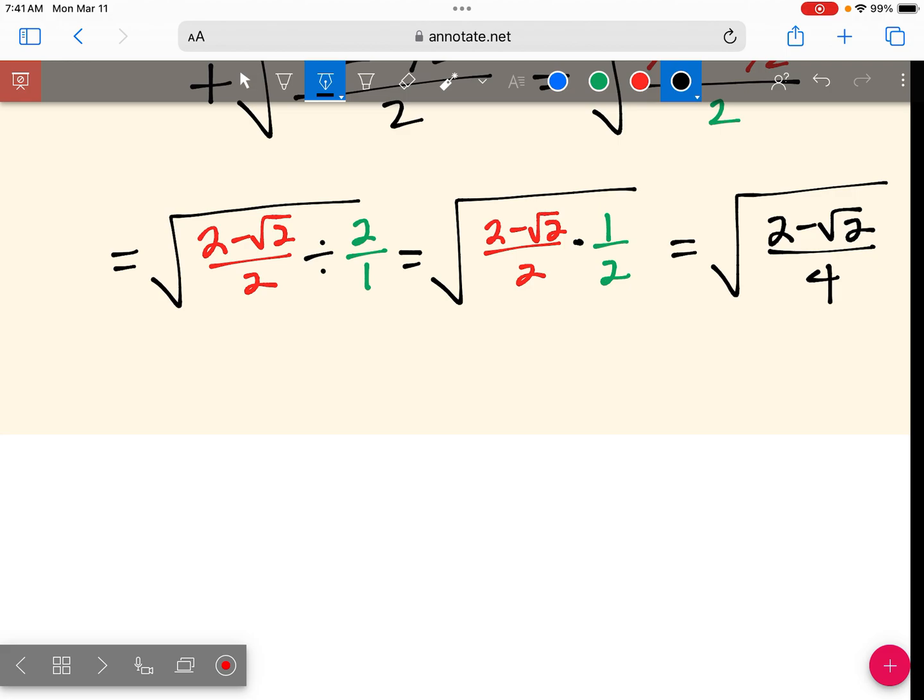So now we're going to split that fraction into 2. So in my numerator, I have the square root. Yes, you can have 2 square roots in your numerator. And what is the square root of 4? 2. And that would be my final answer.